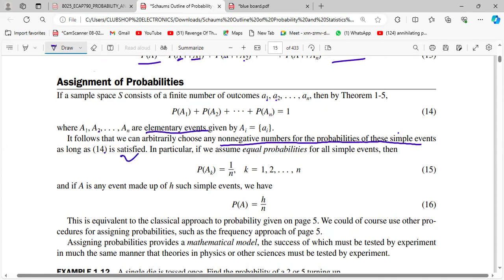In particular, if you assume equal probability for simple events, then the probability of AK is equal to 1 over N. So suppose you have S, and S has N points. Maybe let's say A, B, D.